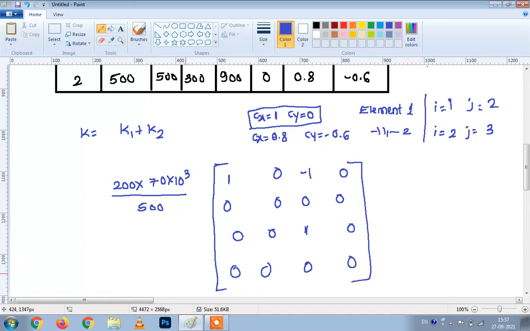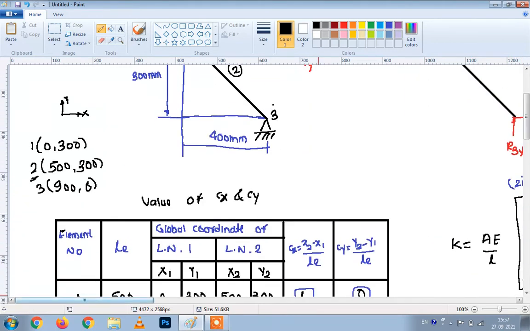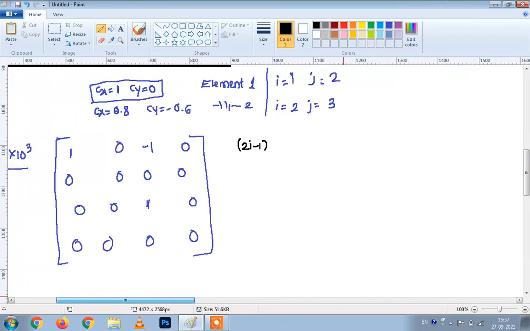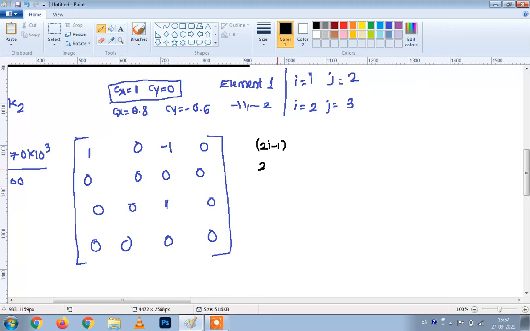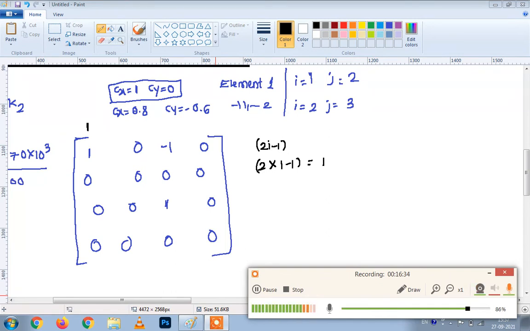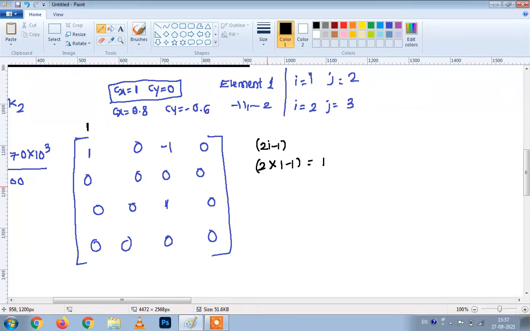Now we have to write down the degree of freedom for this particular matrix. How do we write the degree of freedom? First 2i minus 1, 2i, 2j minus 1, 2j. For element number 1, the value of i is 1, so 2 into 1 minus 1 becomes 1. Next we find 2i: 2 into 1, as the value of i is 1, so it is 2.